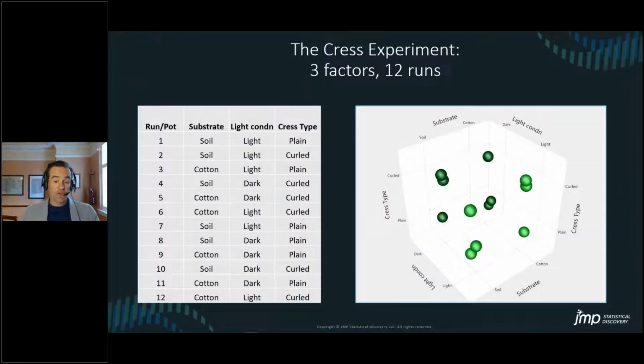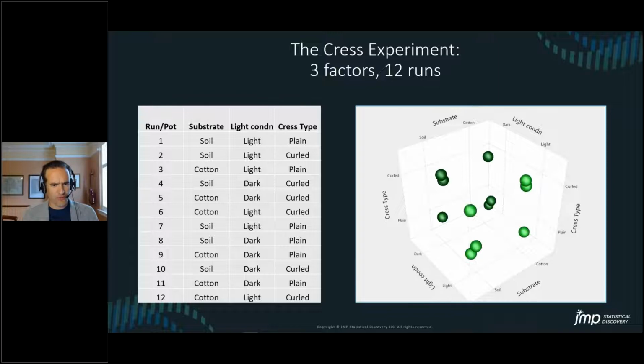So this is the version of the experiment that we did. 3 factors, 12 runs. The factors were the substrate, what I'm calling the substrate, so either soil or cotton wool. 2 different light conditions, basically growing it in the light or in the dark underneath a box. We've got the cress type as well, so we bought seeds for 2 different types of cress, plain or curled.